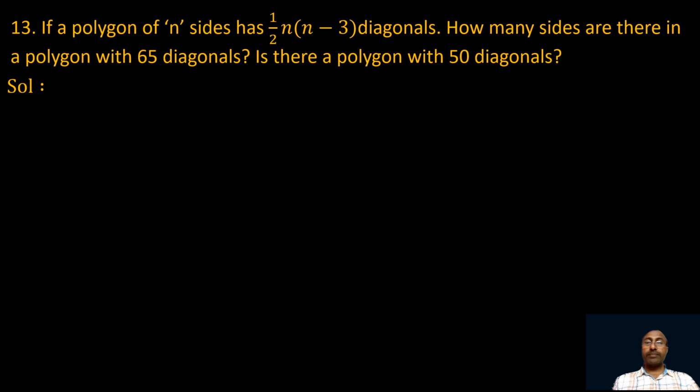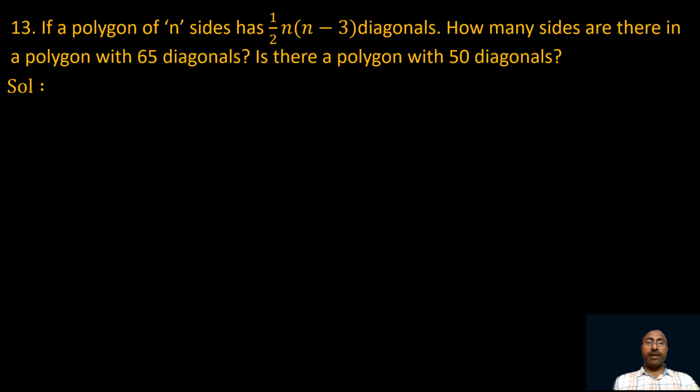And it is asking how many sides are there in a polygon with 65 diagonals, and also whether it is possible to have a polygon with 50 diagonals. Okay, so let's solve the question.